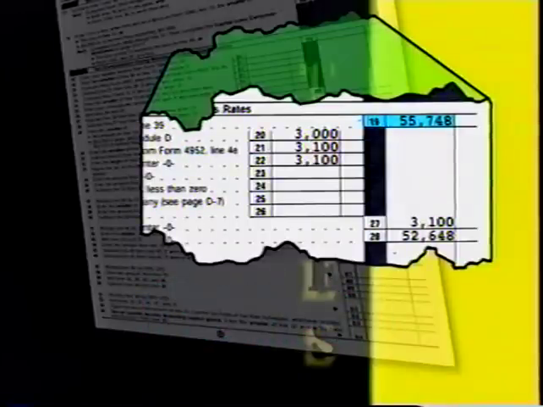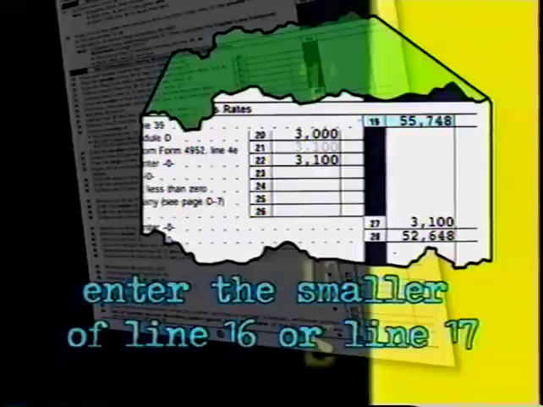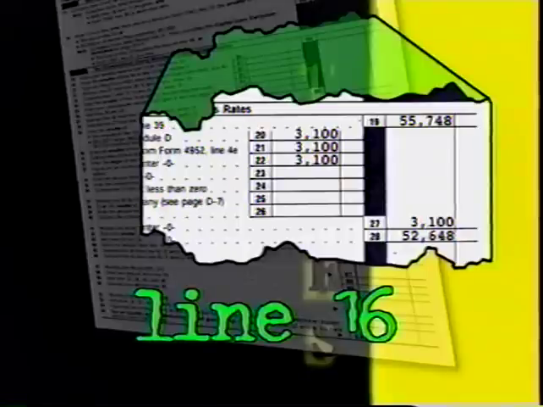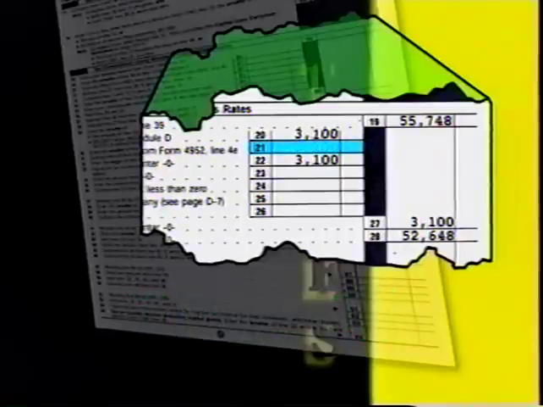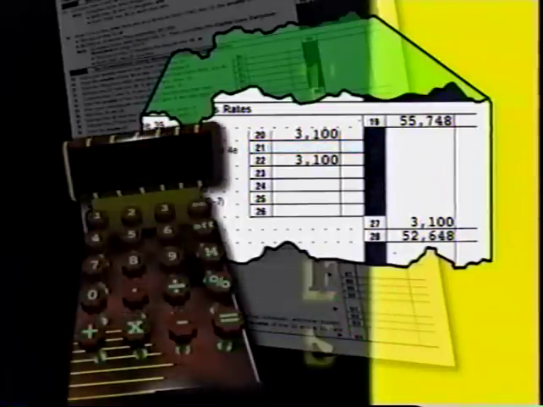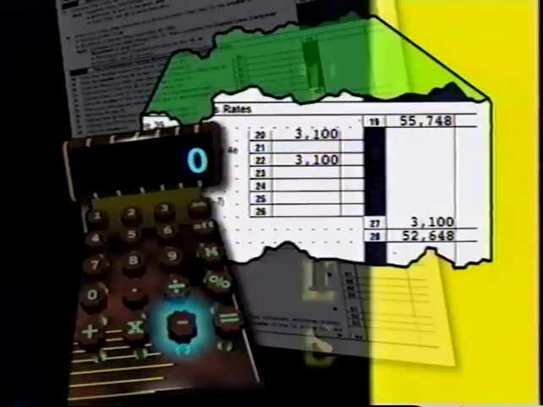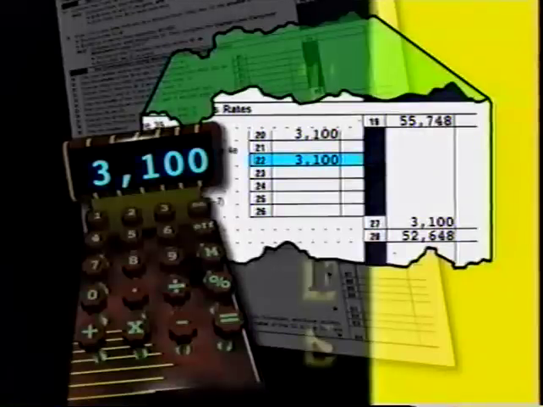Finishing up Schedule D, the instructions for line 20 say to enter the smaller of line 16 or line 17, which is line 16's $3,100. Line 21 doesn't apply because we're not filing Form 4952. The instructions of line 22 say to subtract line 21, 0, from line 20, $3,100, so it's still $3,100.